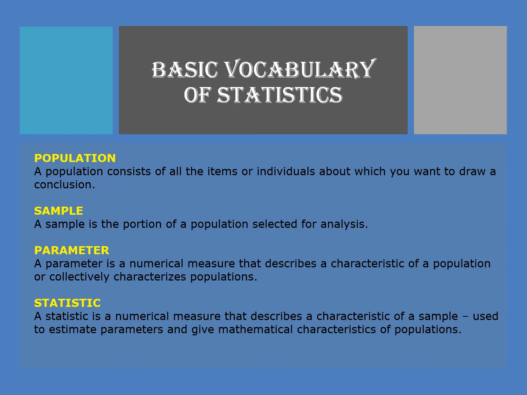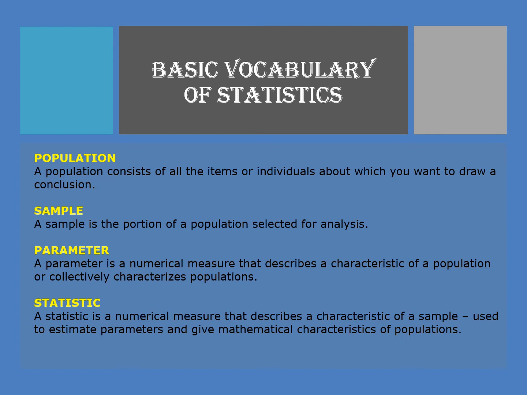So first and foremost, there's population. In quantitative research and methodology, a population consists of all the items or individuals about which you want to draw a conclusion.